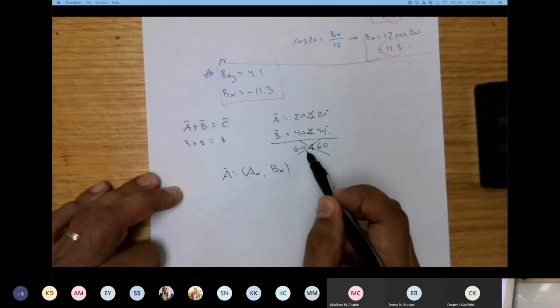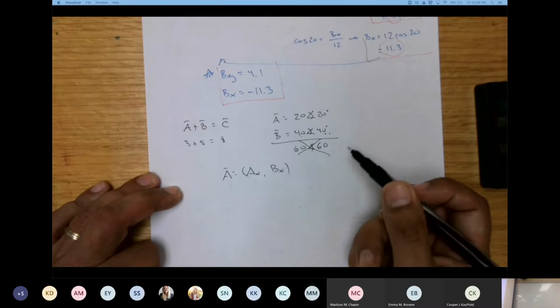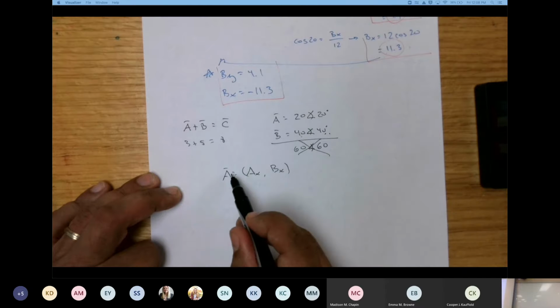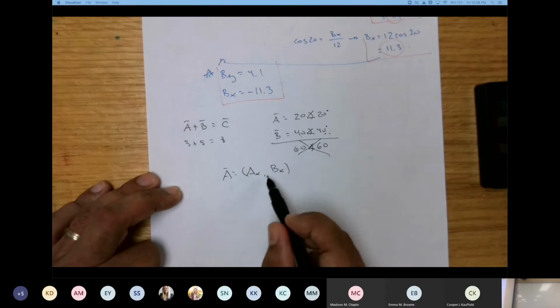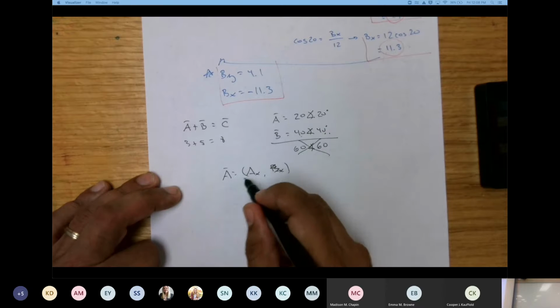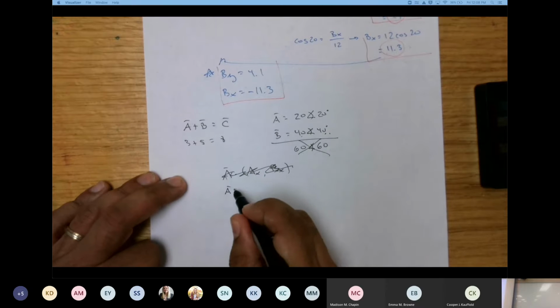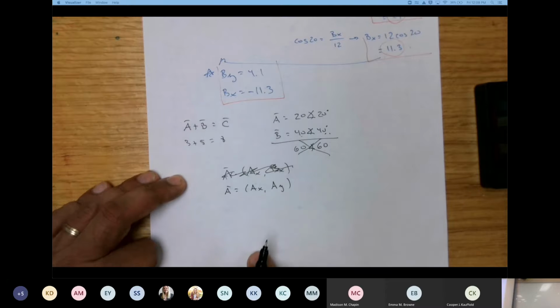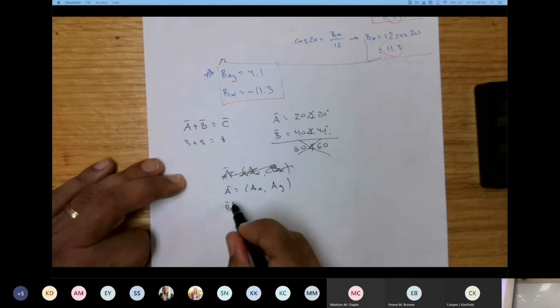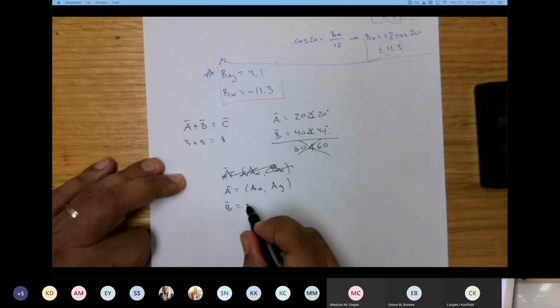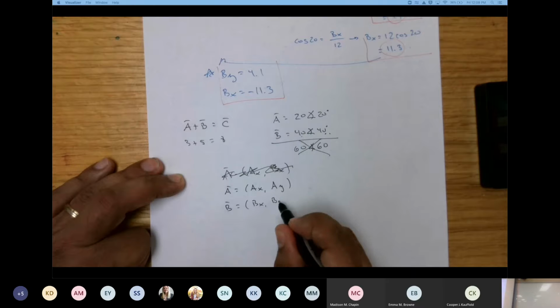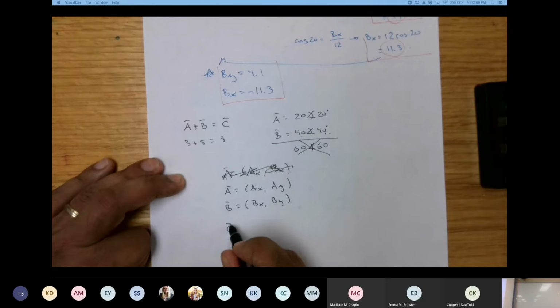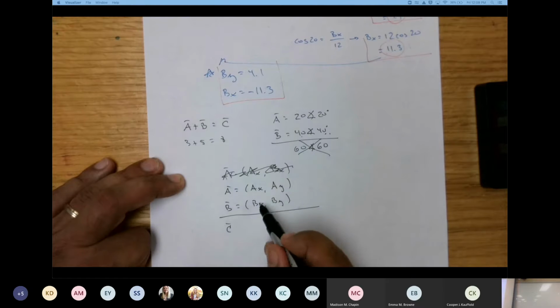The way you do it is you have vector A and you decompose it into X and Y components. You do the same with vector B. Then your vector C will be the X components added together and the Y components added together.